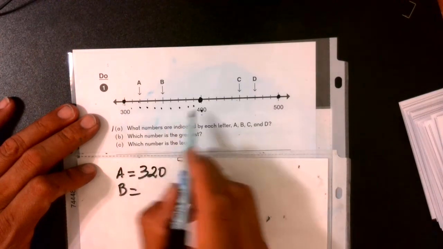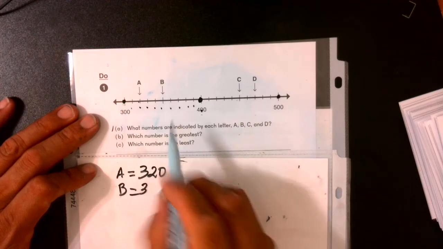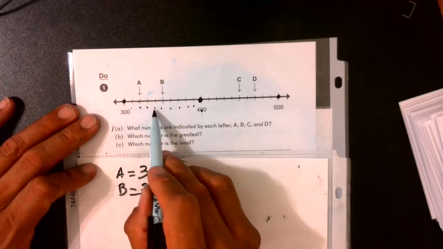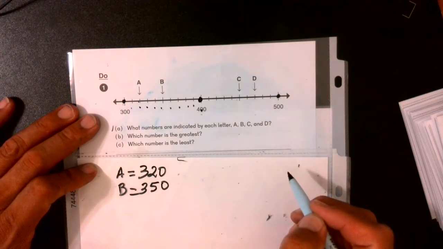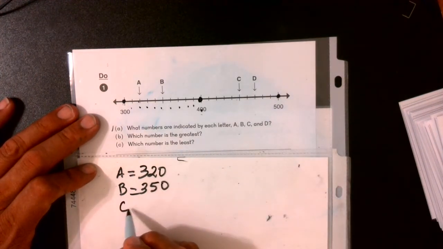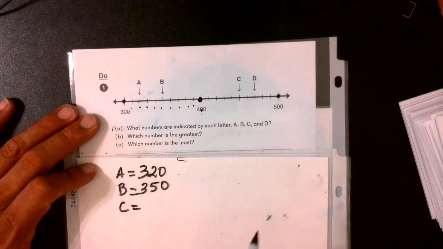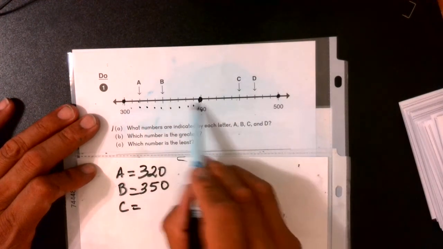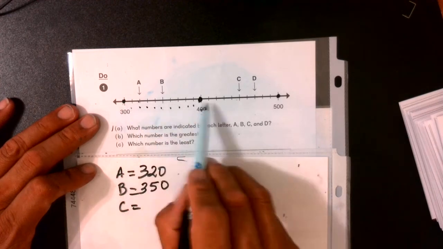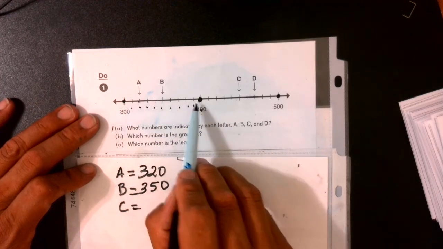Now let's look at B. I'm still at 300. That's my first number. 1, 2, 3, 4, 5. That means there's 5 tens. Now let's look at C. Okay, C is at 400. We already know that each in between here is 10. 10 tick marks, okay?